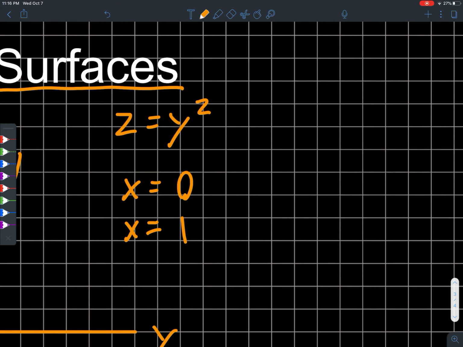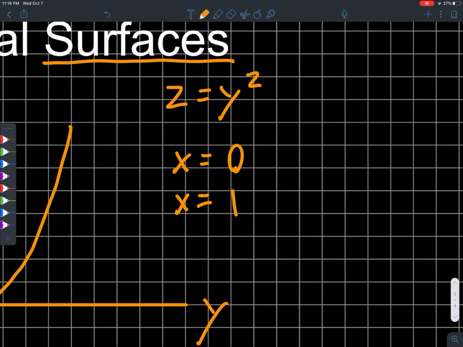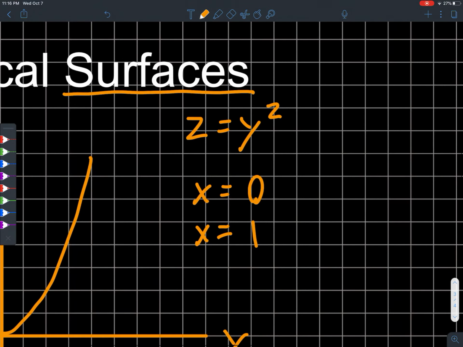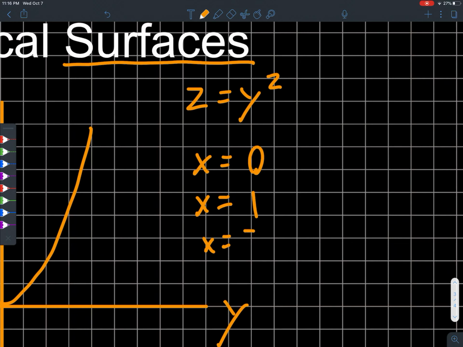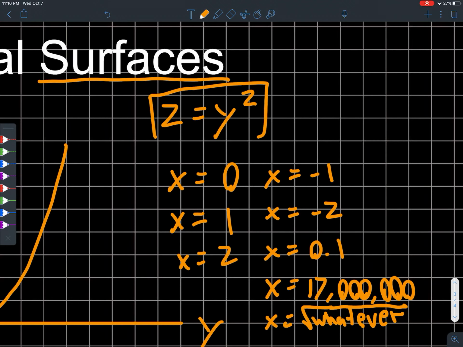So x equals 0, the yz plane, our parabola meets the condition in that plane. Same with x equals 1, x equals 2, x equals negative 1, x equals negative 2, x equals 0.1, x equals 17 million, x equals the square root of whatever the heck. Does not matter, as long as z equals y squared.